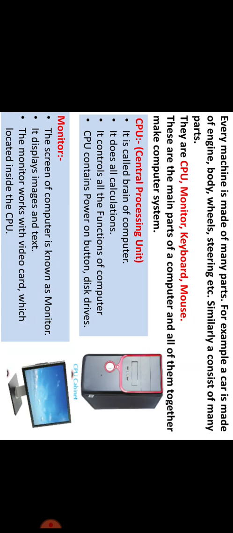See, this is the screen of the computer. A blue screen. Have you seen this blue screen? This is the blue screen of the computer. It displays images and text. What does this monitor display or show?